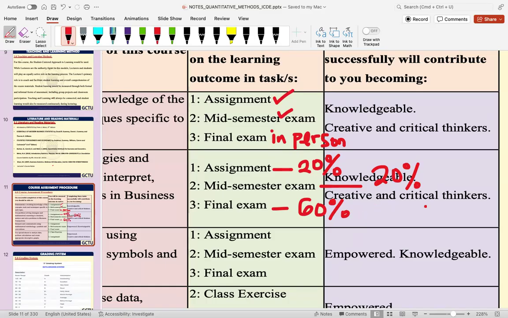So these three make it the 100%. So this will be the structure of your assessment. And the objective is to check your knowledge in what we are doing and also to see your creativity and critical thinking skills.